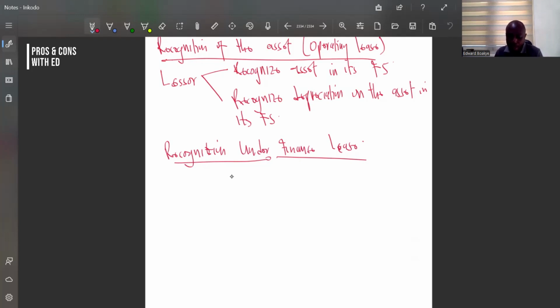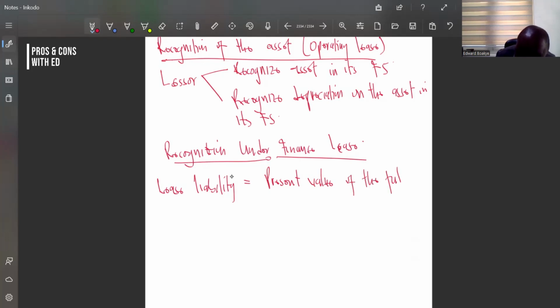A lease liability. So the lease liability is equal to the present value of the future lease payments. That's what we call the lease liability.